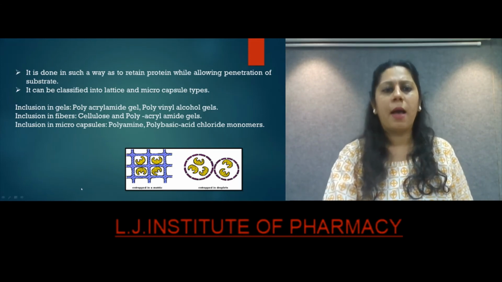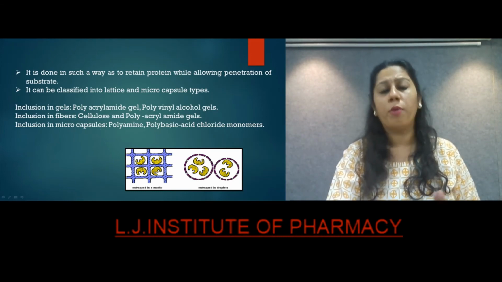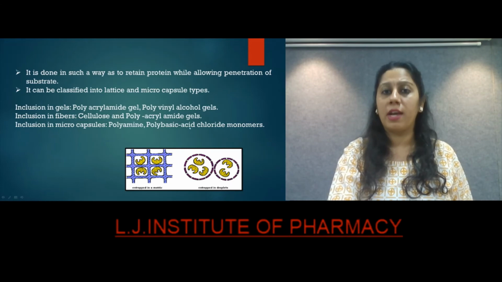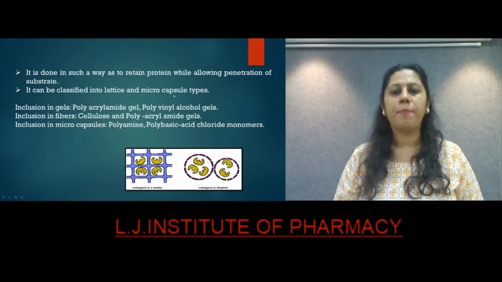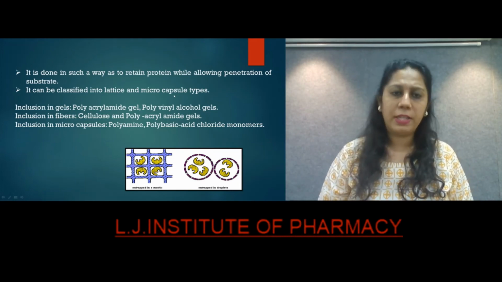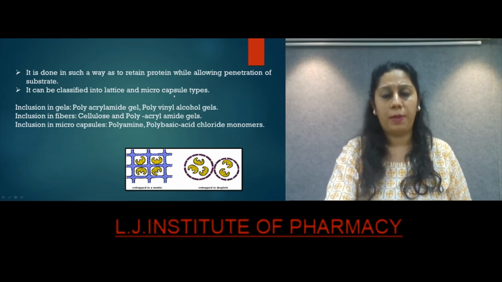The main examples of the inclusion in gels are polyacrylamide gel or polyvinyl alcohol gels. The fibers used are cellulose fibers or polyacrylamide gel fibers, and inclusion in microcapsules like polyamine, polybasic acid chloride monomers. By these methods, the entrapment of the enzyme into the support takes place.